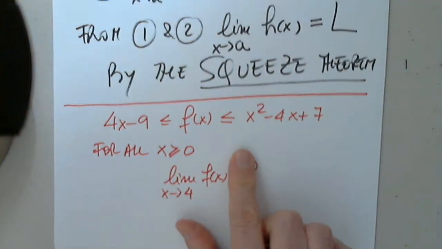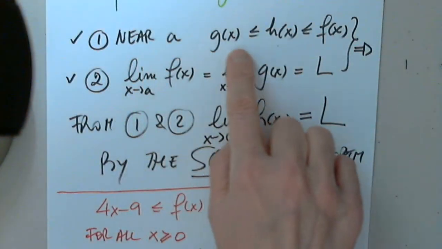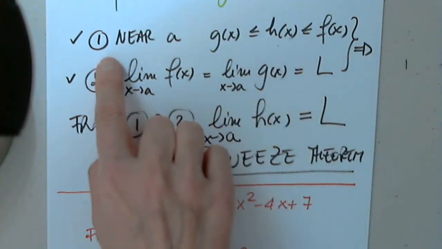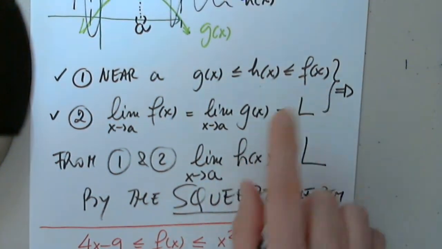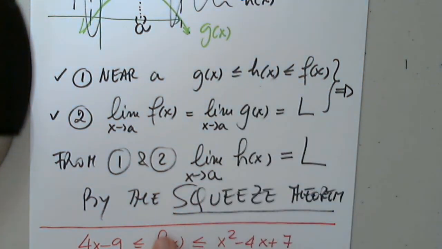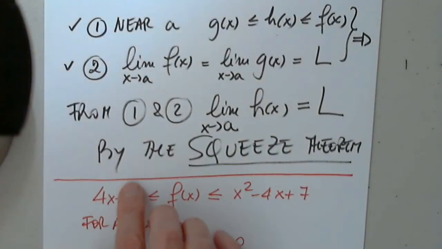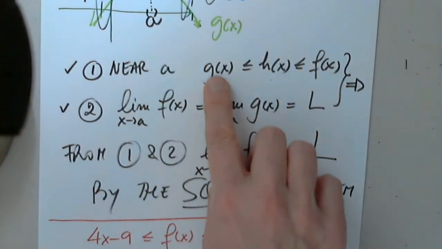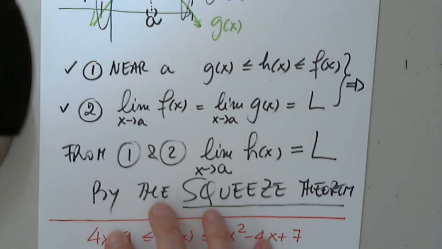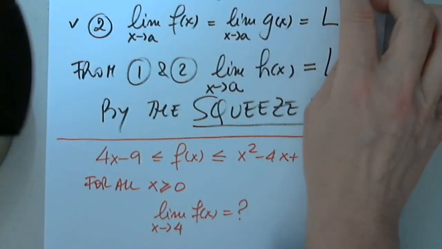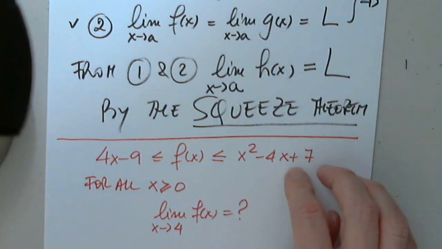But I have, number 1, the first hypothesis of the Squeeze theorem, which tells me that the function I'm interested in is squeezed between two functions. So I am literally given g of x right here, and I'm literally given f of x.